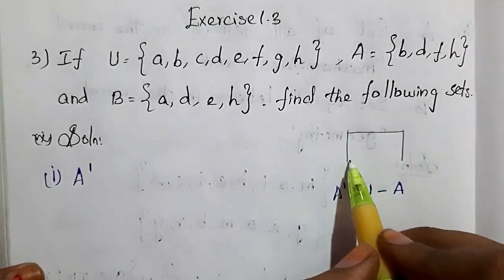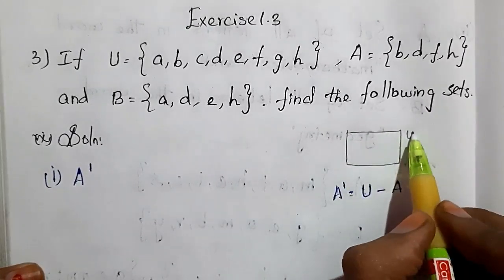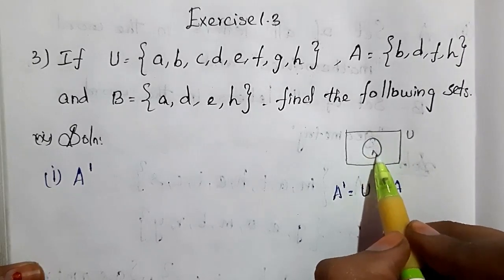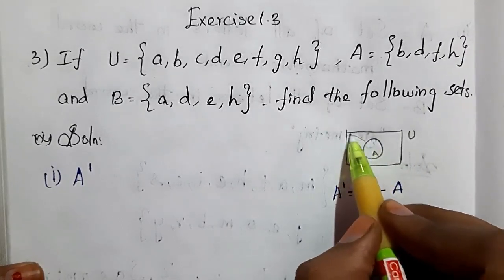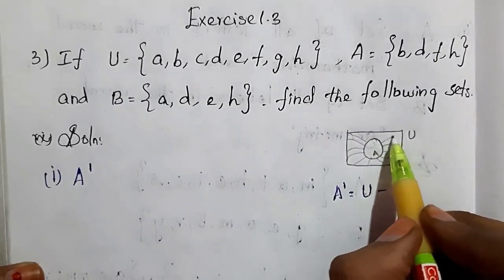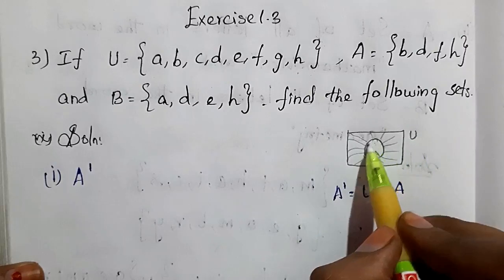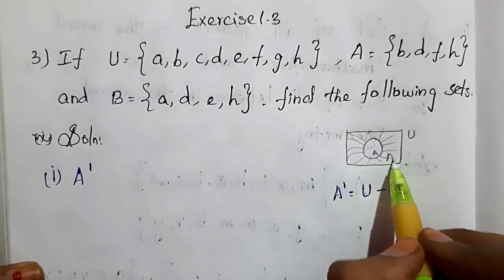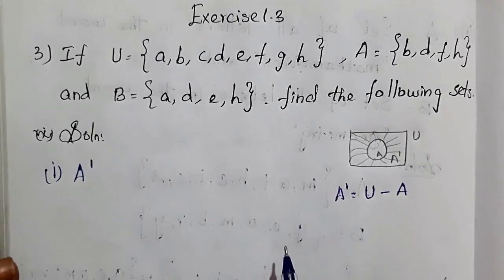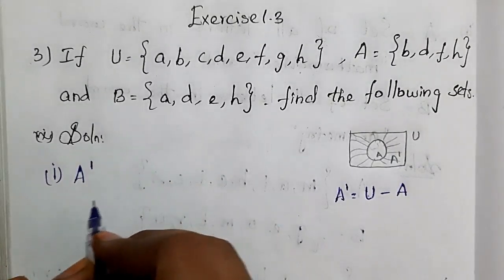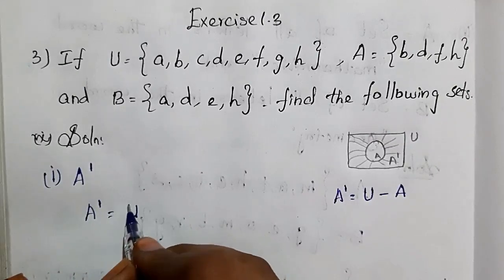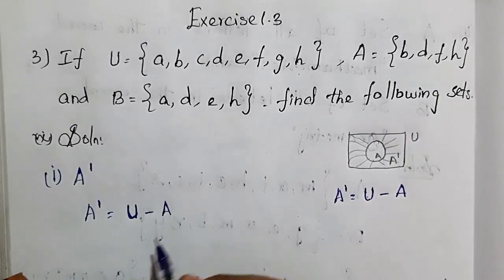This is the universal set U. It is set A. So A complement means everything else. From the universal set, we just remove the A set, so we get A complement. So A complement equal to U minus A.